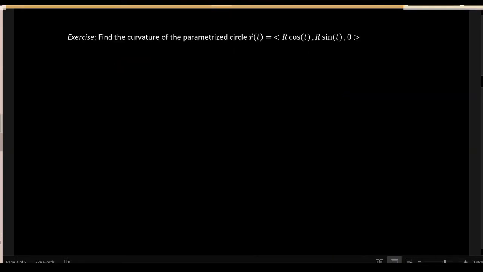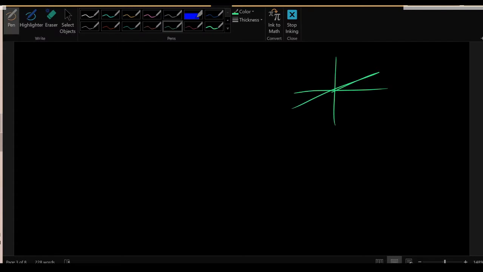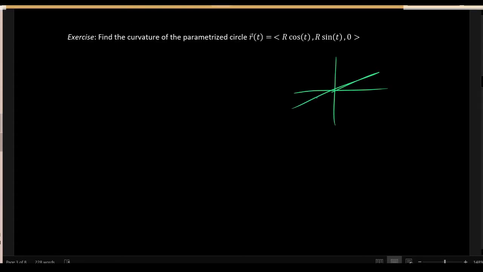For example, in this problem, I'm being asked to calculate the curvature of the parameterized circle r of t equals r cosine t, r sine t, 0. Now, notice that this curve is functionally two-dimensional because only the x and y are changing and the z is constant at 0.